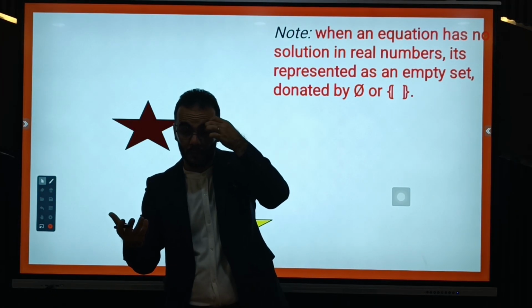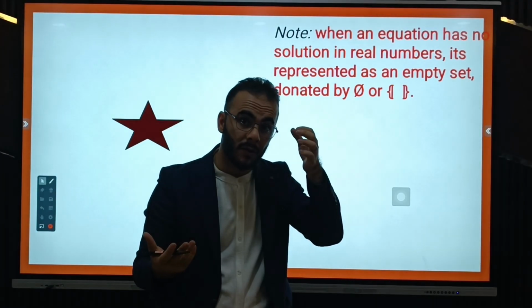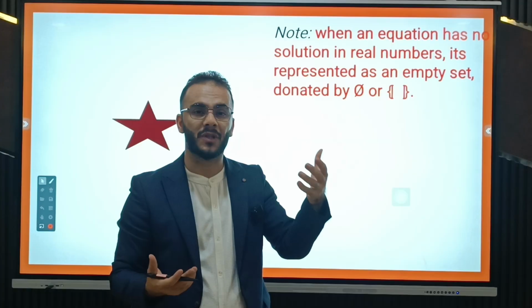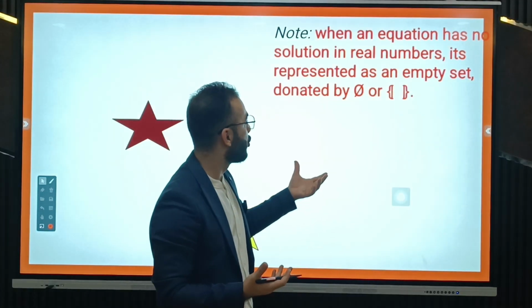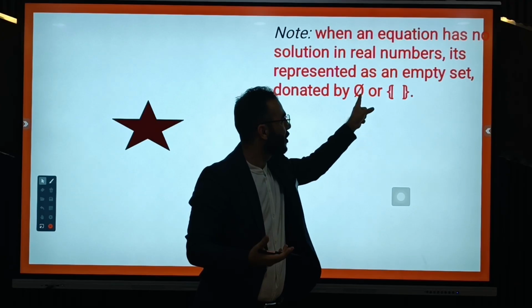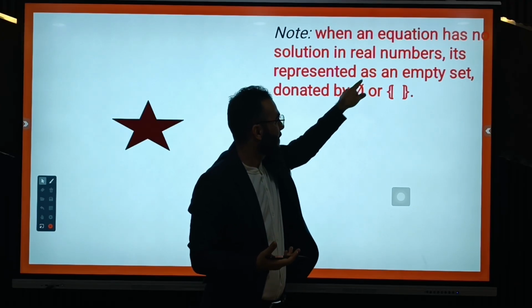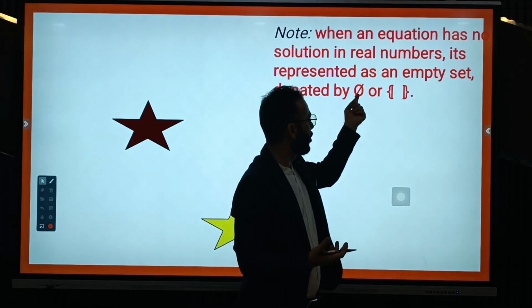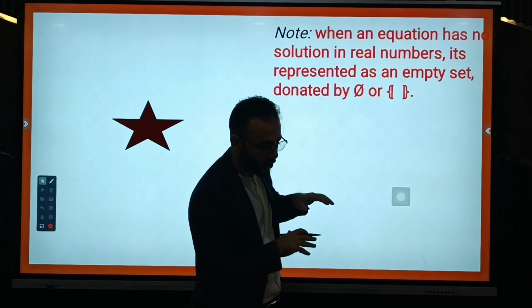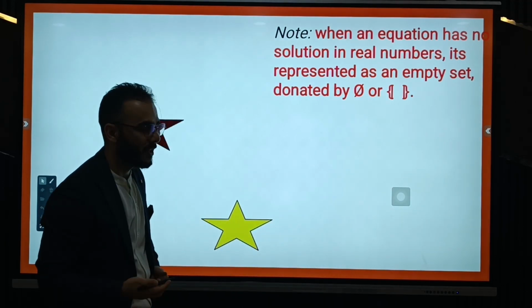When an equation doesn't have a solution, we say that the solution set is empty, and we show it with these 2 notations. Either that one, which looks like a 0 with a line through it, or these 2 brackets. There is nothing inside, so it shows an empty set.